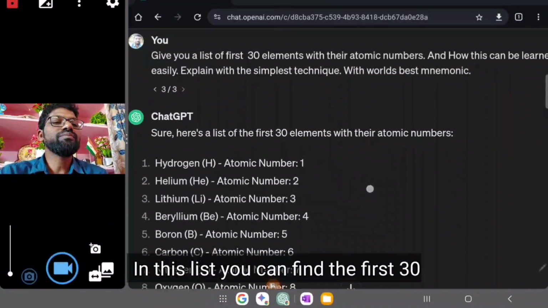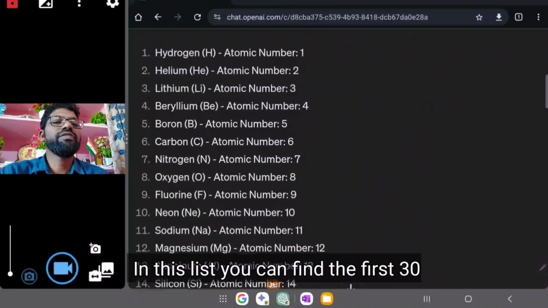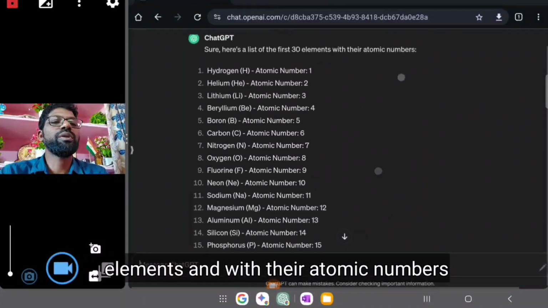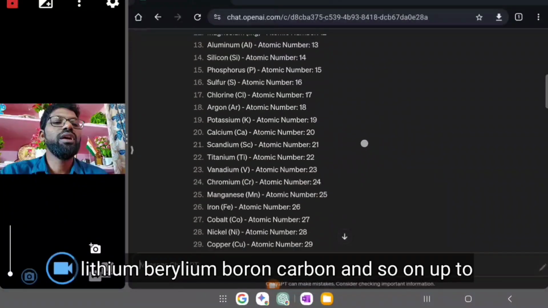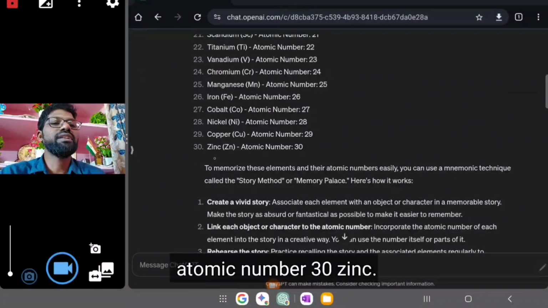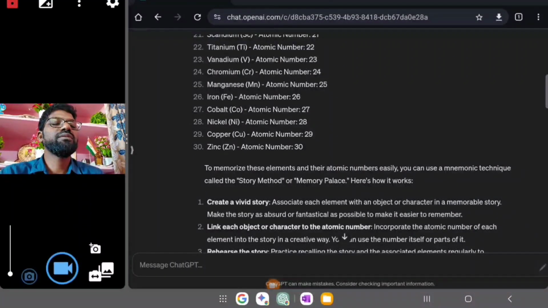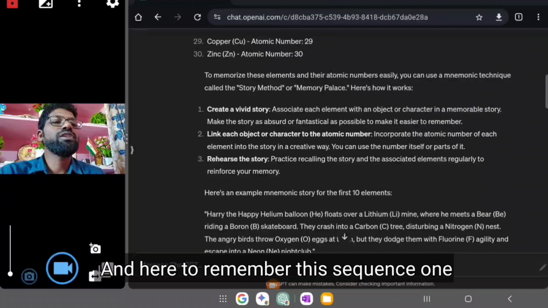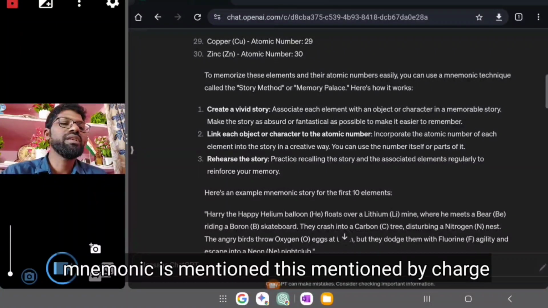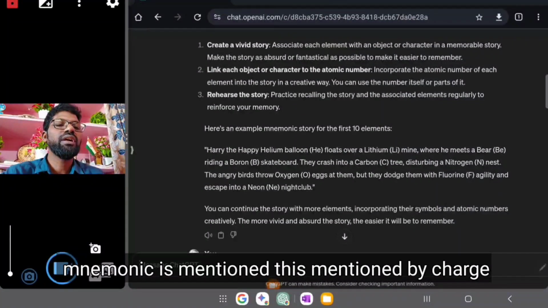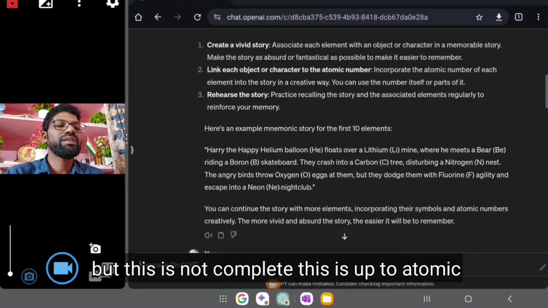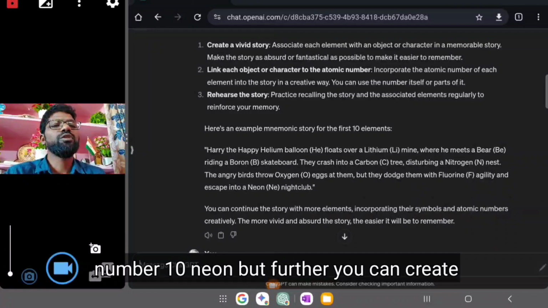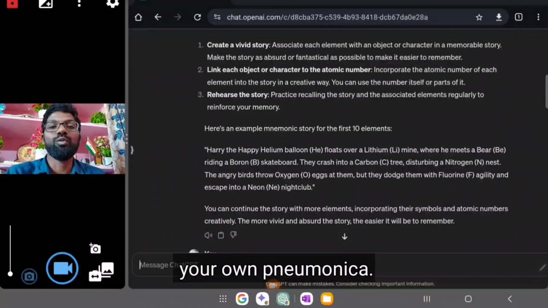So, in this list you can find the first 30 elements with their atomic numbers: hydrogen, helium, lithium, beryllium, boron, carbon, and so on up to atomic number 30, zinc. To remember this sequence, one mnemonic is mentioned by ChatGPT, but it is not complete. It goes up to atomic number 10, neon, but further you can create your own mnemonic.